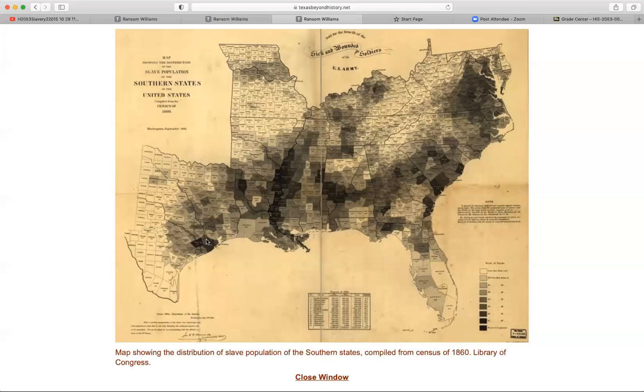Okay, so let's go back to this figure. 25 or 30% of white families own slaves, and only 2% of white families owned more than 20 slaves because of the cost. But this does not let white people off the hook.